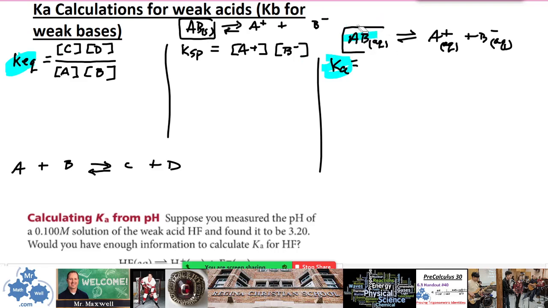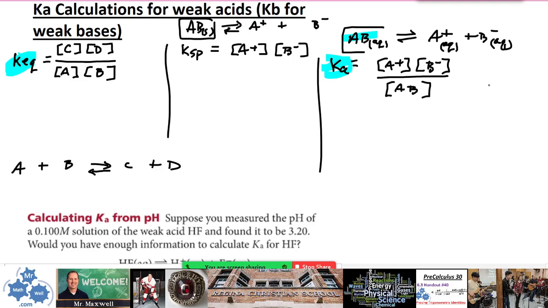All right? So if we have a weak acid where we have a Ka value that's listed, it's a very small Ka value. It's not high, it's small, or at least there's any kind of number, we can do this calculation. If the Ka is very high, then this is virtually gone, right? But the Ka looks like this. It's the concentration of A plus times the concentration of B minus. But then, like the KEQ, you do have to include here the remaining or the reduced concentration of AB.